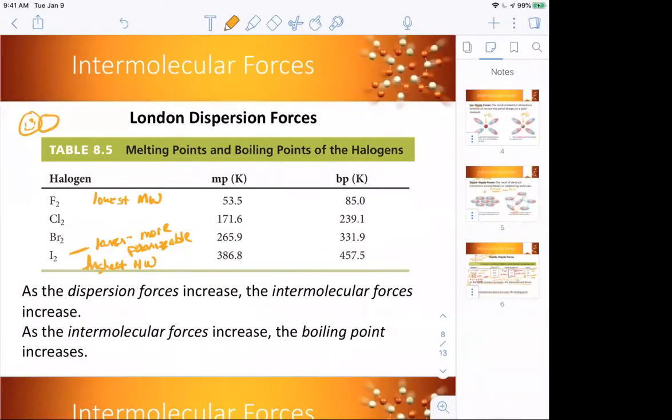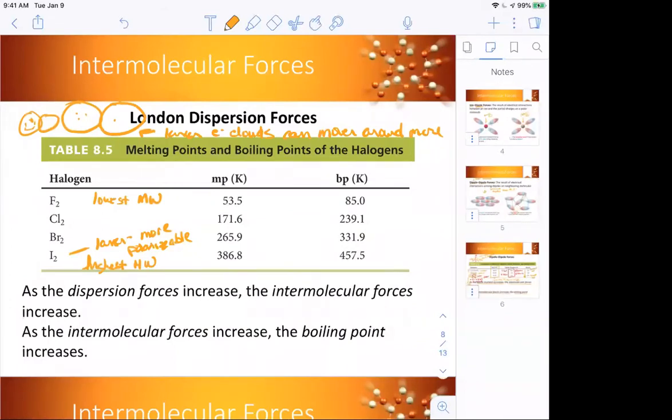Now I have iodine, which is much larger. So these larger clouds can fluctuate, can move around more, which is called polarizability. So I can create larger dispersion forces because I have more electrons in a larger surface area.